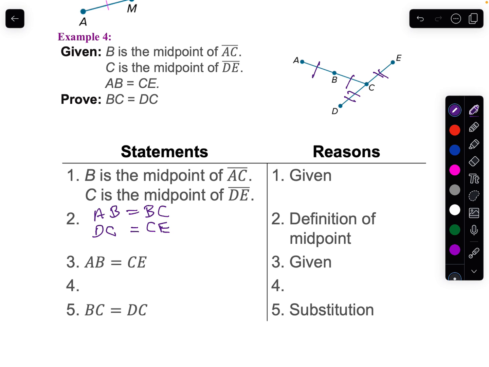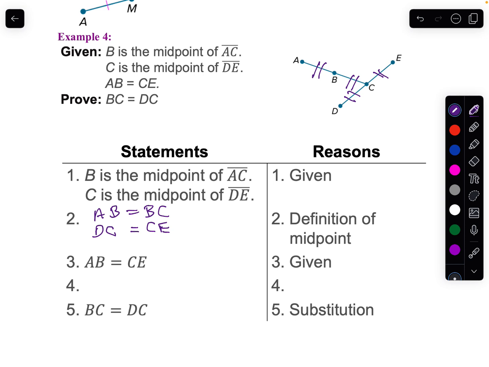Now my next given, I have AB equals CE. Well, then you might ask yourself, what do I know because of that given? Notice what happens here. I know AB is equal to CE. So in other words, AB should have 2 tick marks because it's equal to CE. Everything should have 2 tick marks on it.